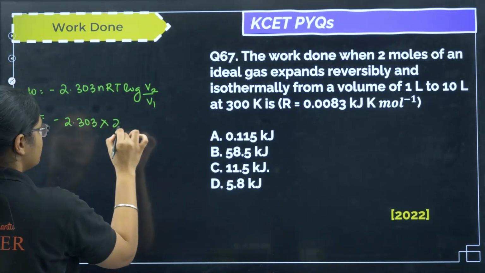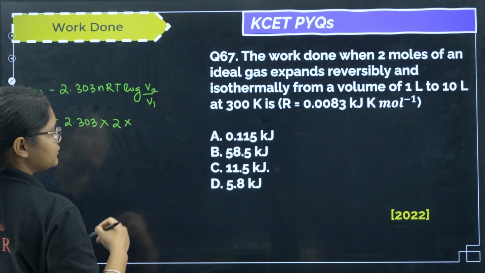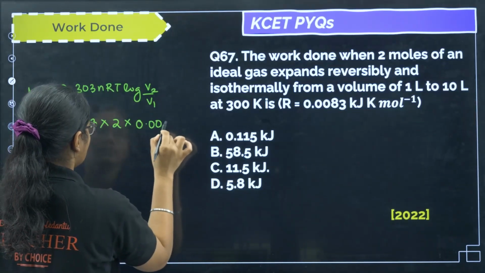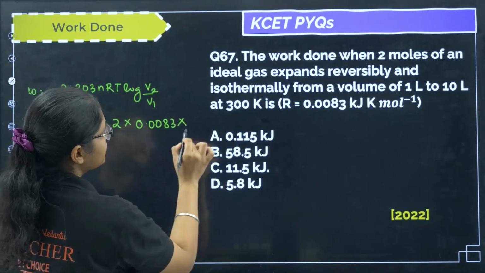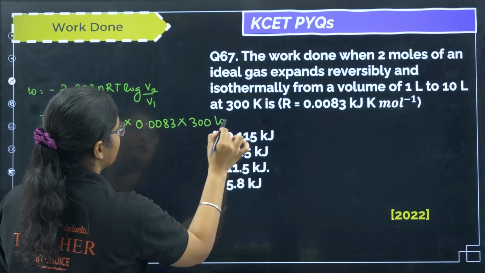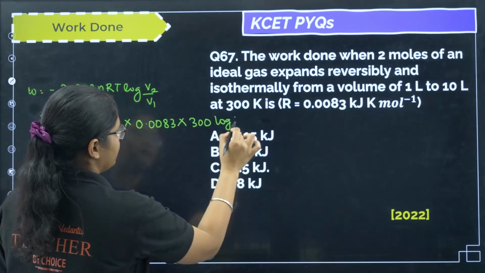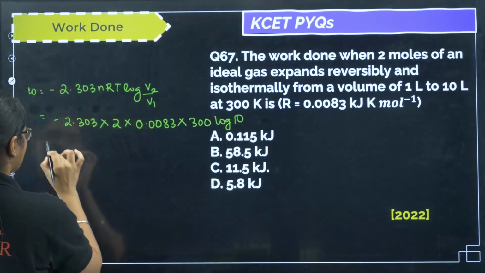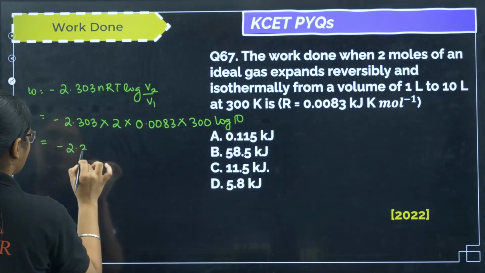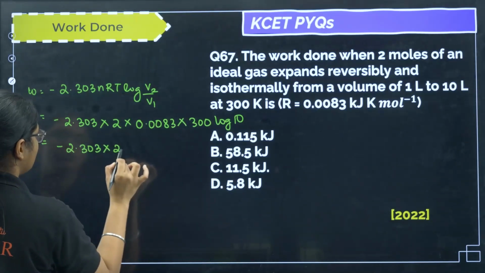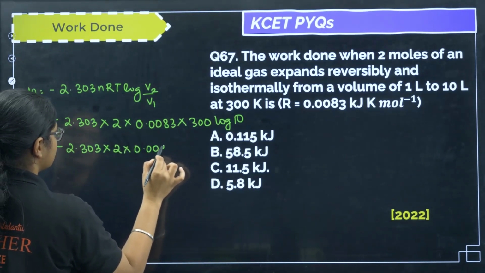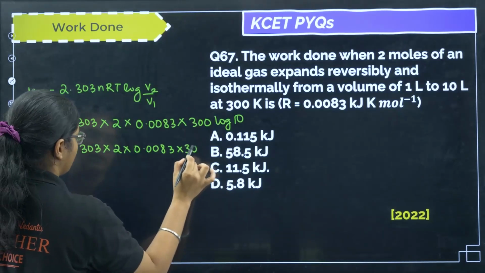The n value is 2, the R value is 0.0083, okay, then temperature is 300 and log of V2 by V1 is log 10, which will be 1. So what I will have here is minus 2.303 into 2 into 0.0083 into 300.